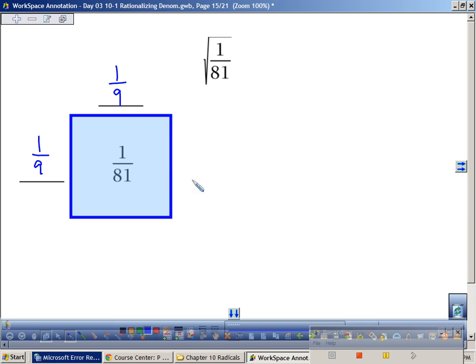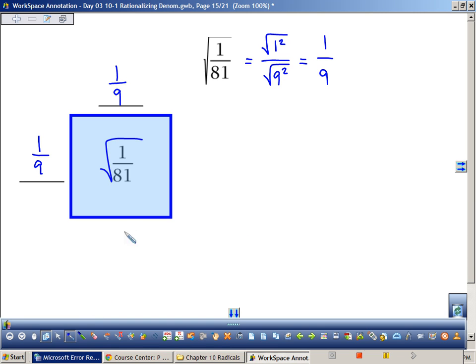Right? So this really means 1 squared over 9 squared. What gets kicked out? 1 and 9. That's what this means. Can I move on?